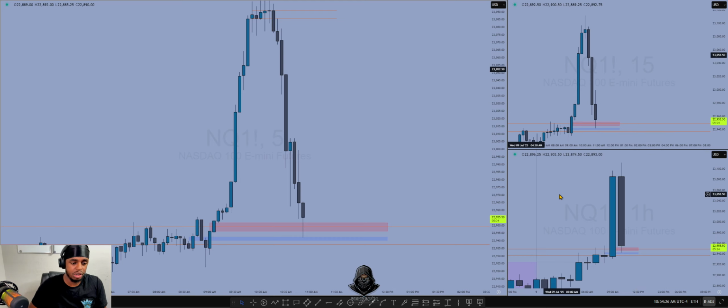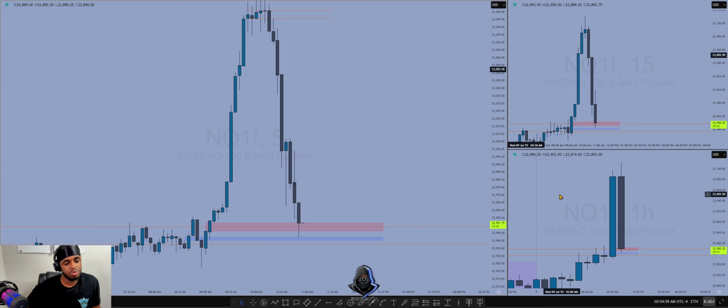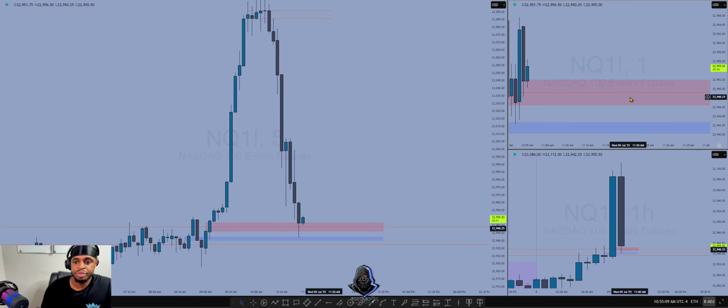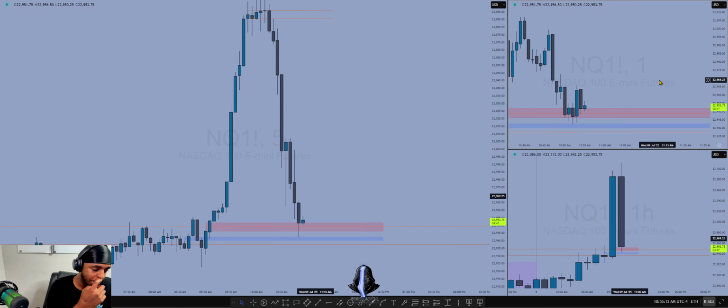Five minutes left till that 1 hour candle closes. Look at that body. Let's watch this for the last. Watch that 1 minute real fast. Consolidation.